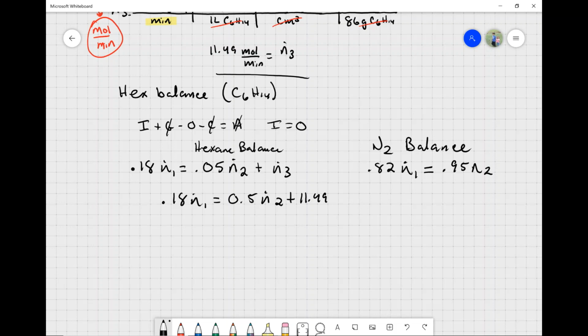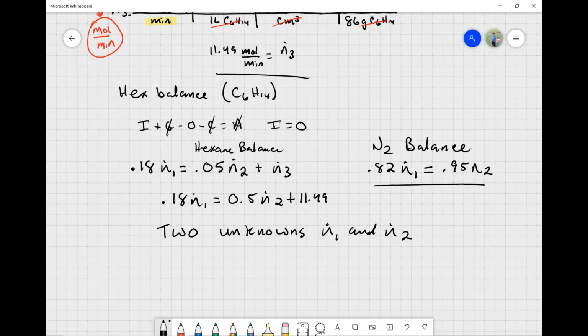The reason why I leave the units off is it makes the equations kind of messy, a little bit bulky. And so we have two unknowns, which are N1 and N2, and two equations.